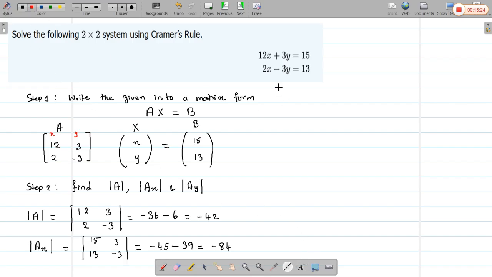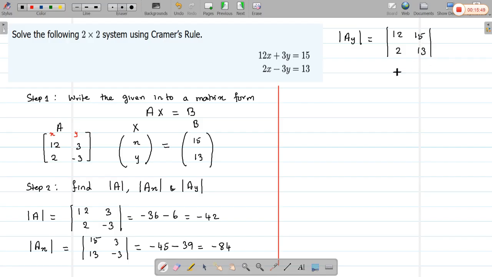What do you mean by AY? Very good. Replace that term Y with B. So the determinant of AY is equal to the determinant. What is your X? 12, 2. What is your Y? 15 and 13.